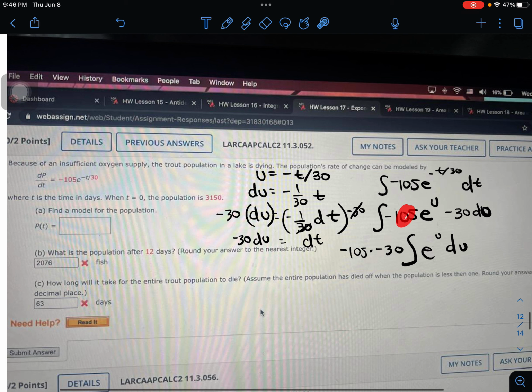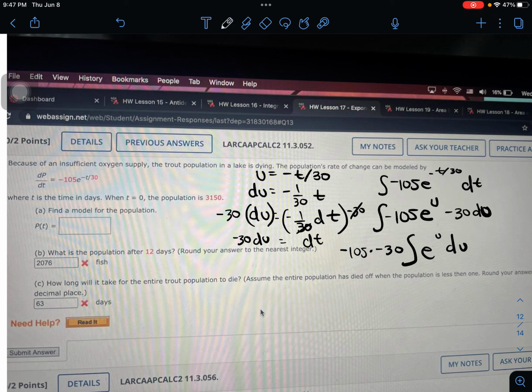All right, so I just pulled this outside, I pulled this outside, and what was left over is this and this. Well, I know how to take the integral of e to the u. The integral of e to the u is just e to the u. It's a unique function. Its integral is equal to itself.